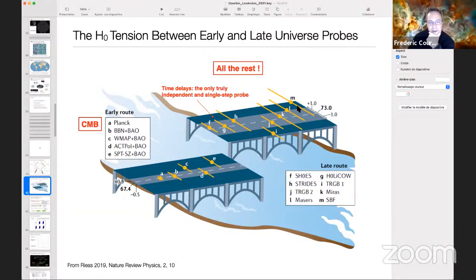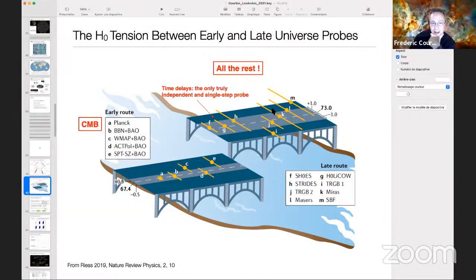Now all the rest of late universe probes tend to agree. They have larger bars so far, but that's, for example, the use of surface brightness fluctuation, which is a method completely different than the rest. Still, it's based on the calibration with Cepheids. Water masers are independent of the rest, but the error bars are big and it's dominated by peculiar velocities of galaxies because they're really nearby.